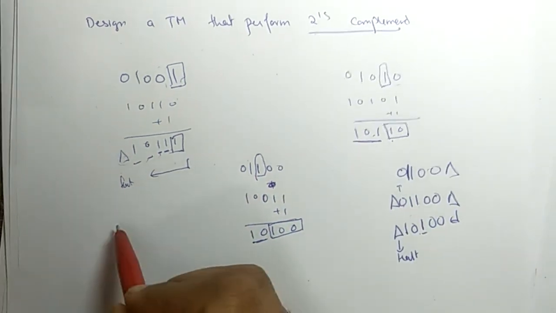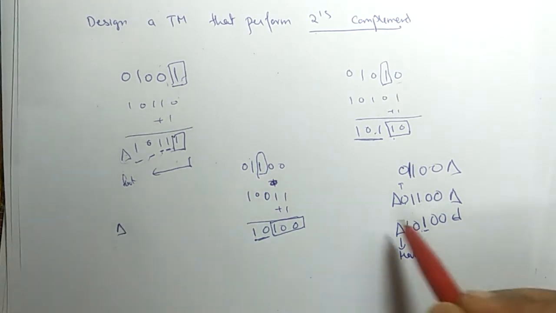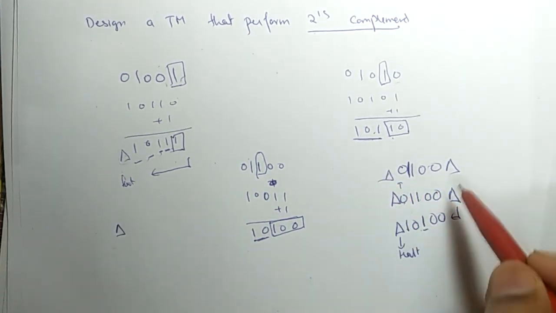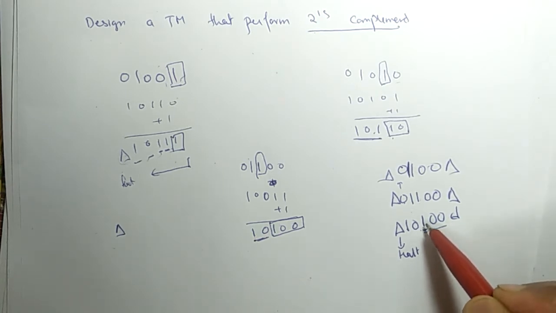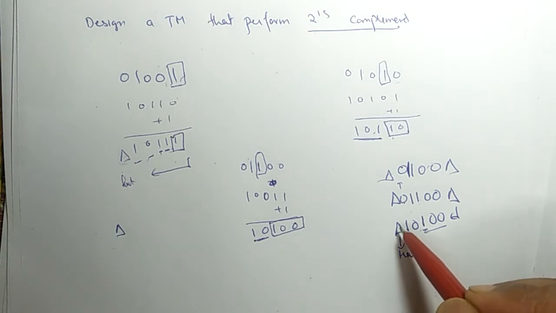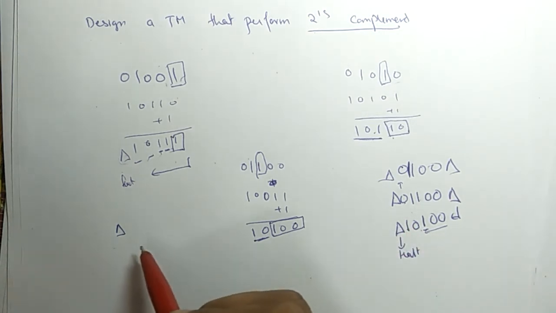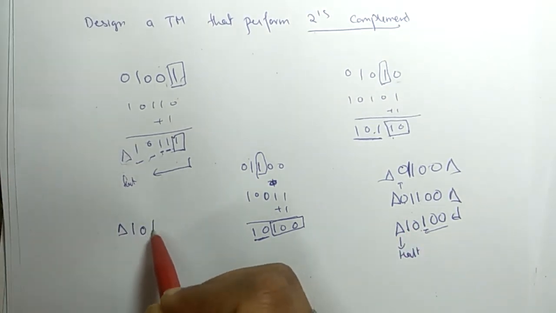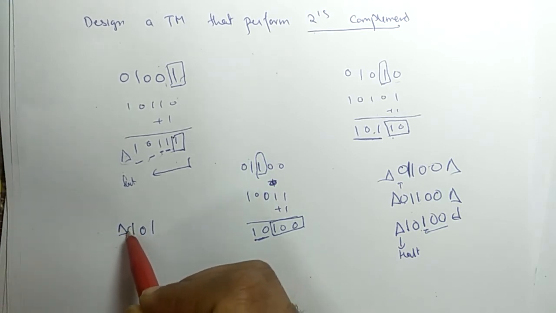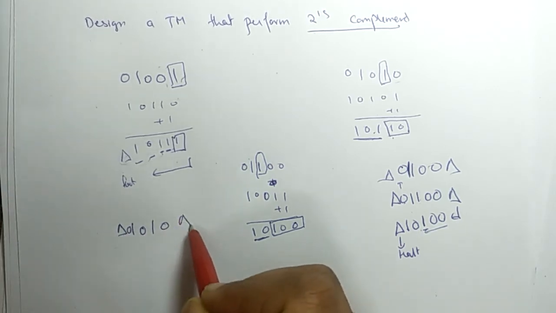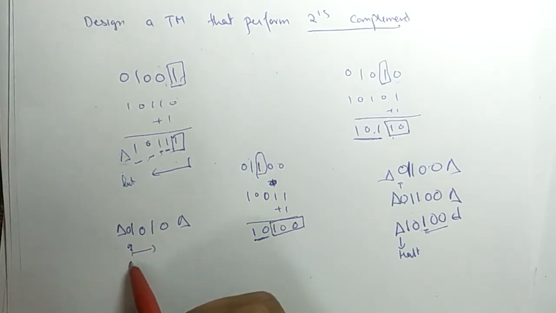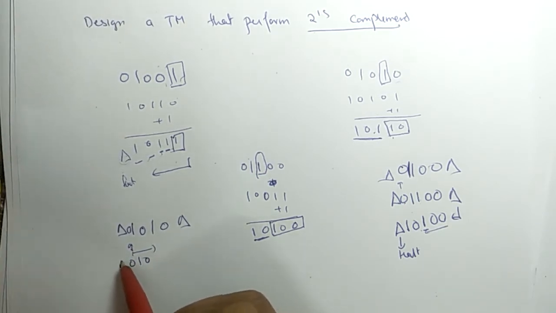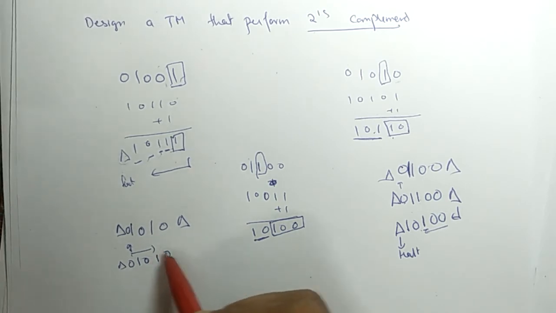Similarly, suppose we have an input, so the tape is open from both sides, because when we come from this direction, then after the very first one we have to complement everything till this blank. Suppose we have 0 1 0 1 0 over the tape, we start from this position, moving to the right hand side corner and leaving everything unchanged.